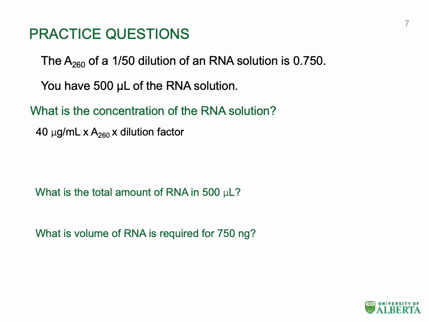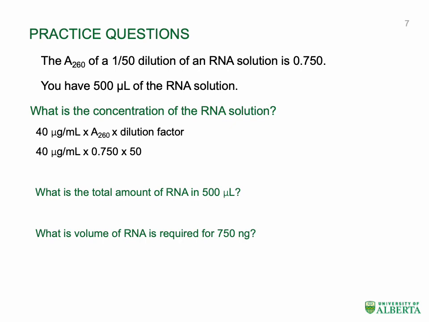To determine the concentration of the RNA, you multiply the known concentration of RNA at an absorbance of 1.000 by the absorbance of the unknown and by the dilution factor. So we multiply 40 micrograms per milliliter by 0.750 and by 50, the dilution factor. The concentration of the RNA solution is 1500 micrograms per milliliter.